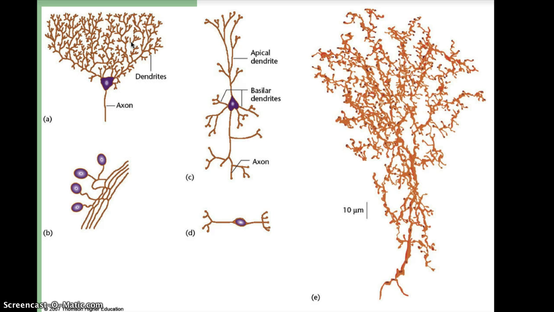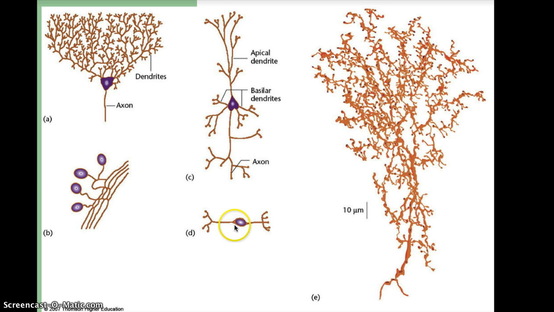Purkinje cells are often located in the cerebellum, and if you think about that really packed little gray area on that other slide that has 70 billion neurons and how that information has to be processed very quickly, that's important. These are neurons that conduct information to and from the skin. This is a pyramidal cell, so named because its body looks kind of like a pyramid, and you've got dendrites coming off in different places.